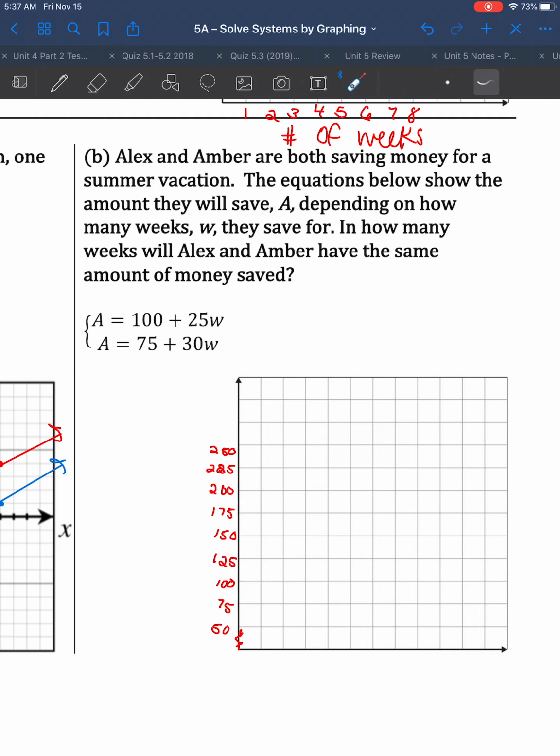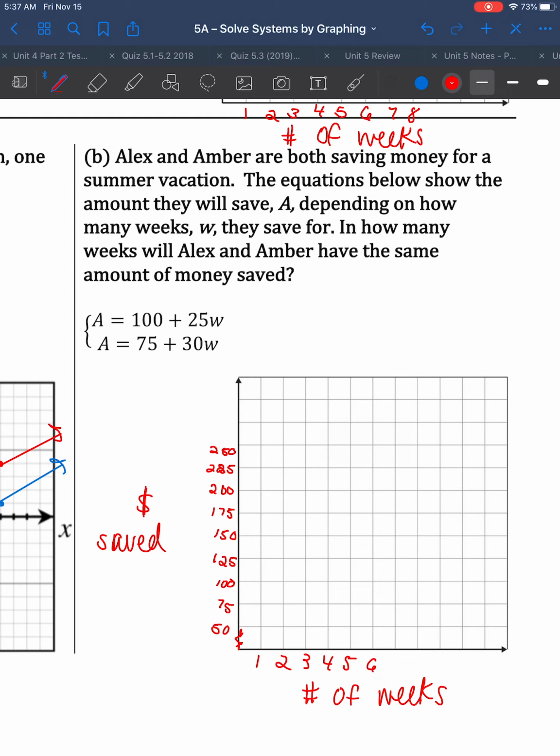I guess you could have started at 25 if you want, but it doesn't really matter. Remember, I'll give you the numbers so you don't have to worry about how to make that. And then they're saving money after a certain number of weeks. So this is going to be money saved. And this is number of weeks. 1, 2, 3, 4, 5, 6.